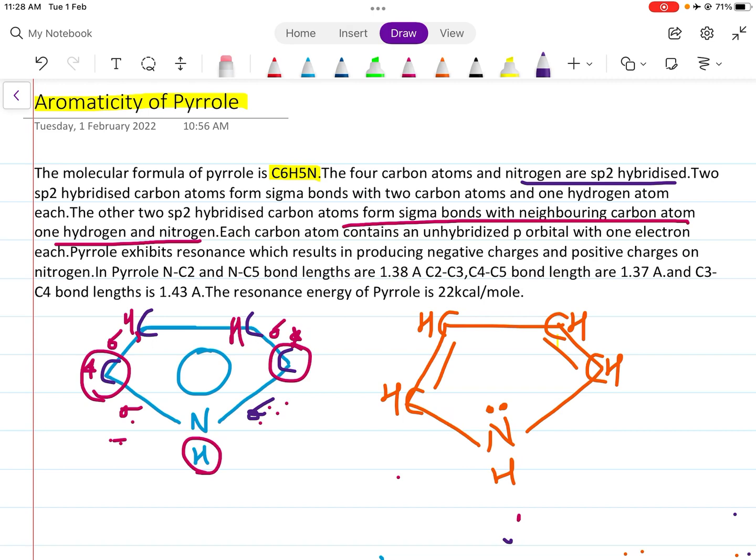so for this carbon, it will form sigma with this neighboring carbon, and with the other neighboring carbon and with a hydrogen atom. But for this carbon atom it will form sigma over here, sigma over here, and with the hydrogen.